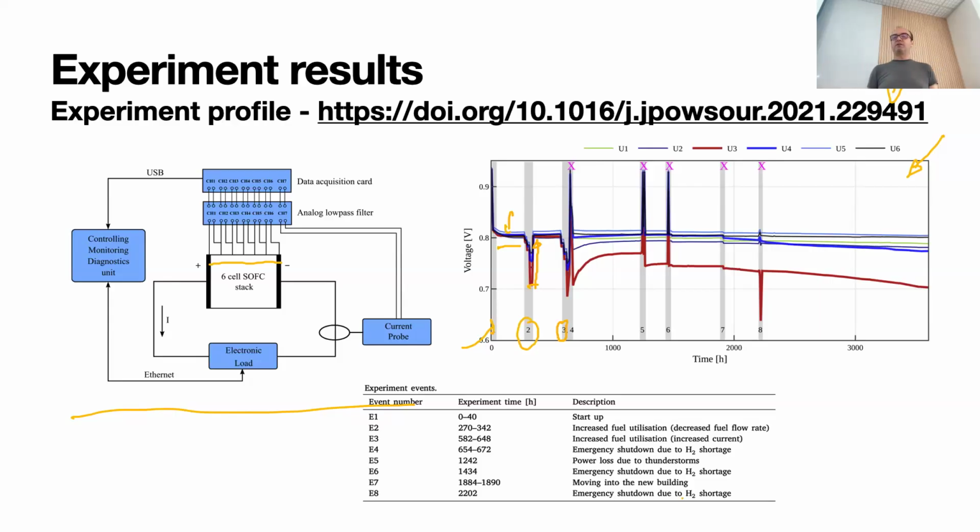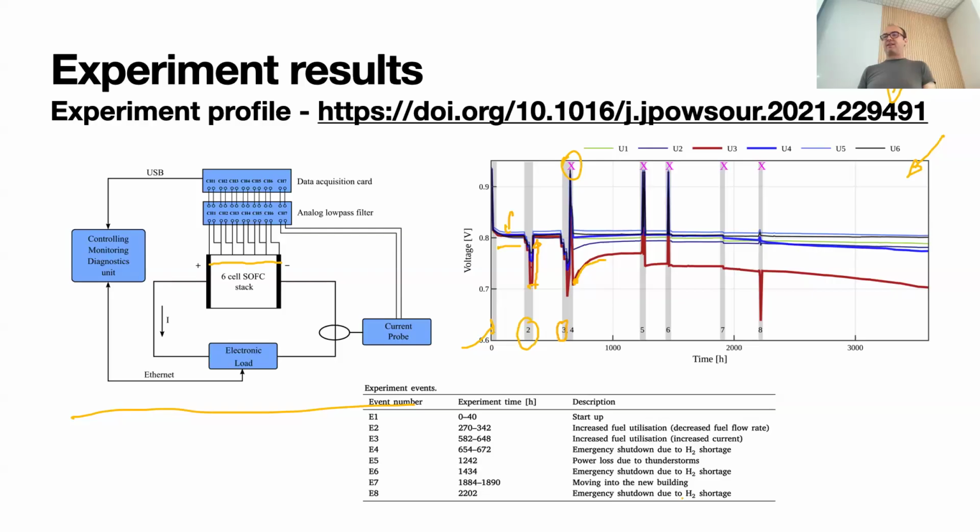When we were on the highest fuel utilization step, we suddenly starved the stack of hydrogen, and it went into emergency shutdown. This is the first X. And when we restarted it, we realized that cell number 3 is not behaving as it should. It recovered a little, but never fully.